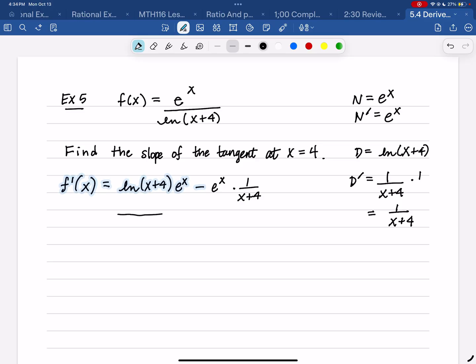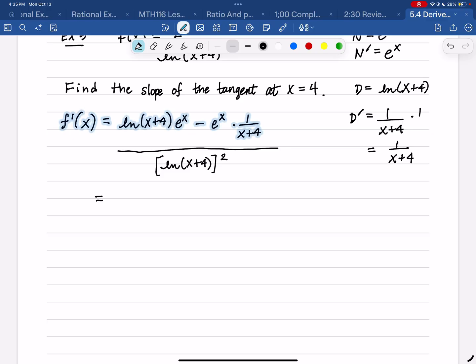And all of that is over the natural log of x plus 4, but the whole thing is squared. And you can use parentheses instead of those heavy brackets as well.